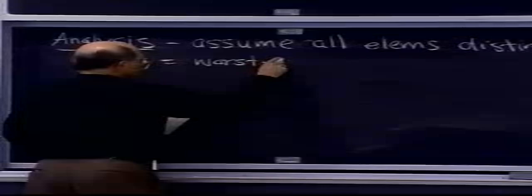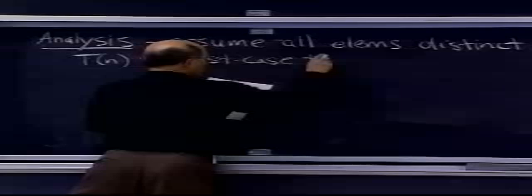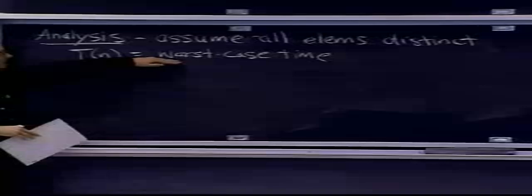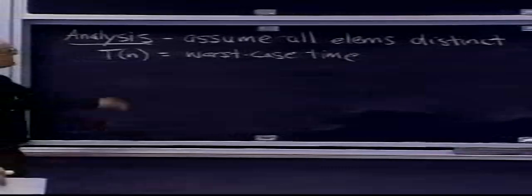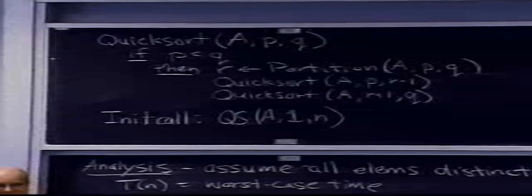So we'll let T of n be the worst case time on n elements. And when does the worst case occur for quicksort? I run this algorithm. When's the worst case going to be? If it's already sorted.